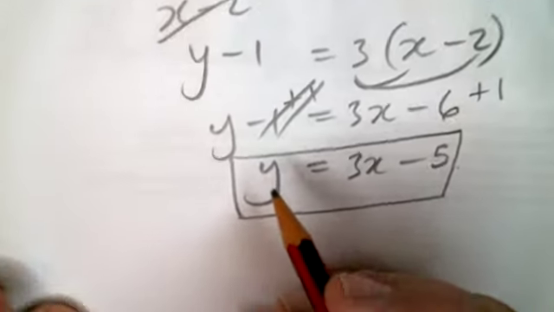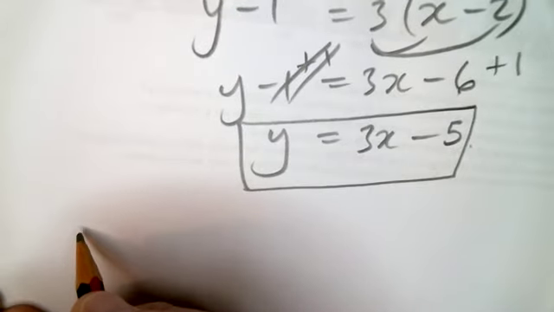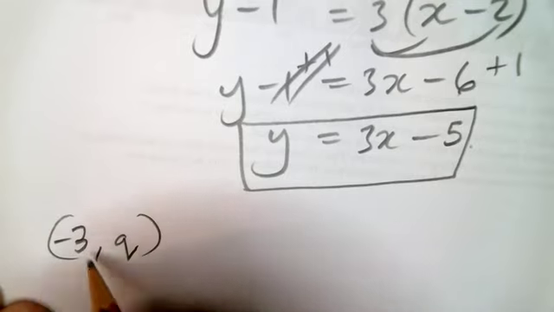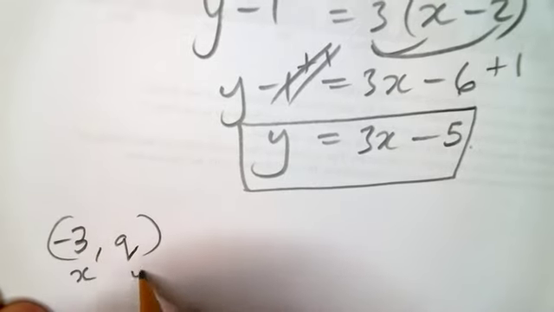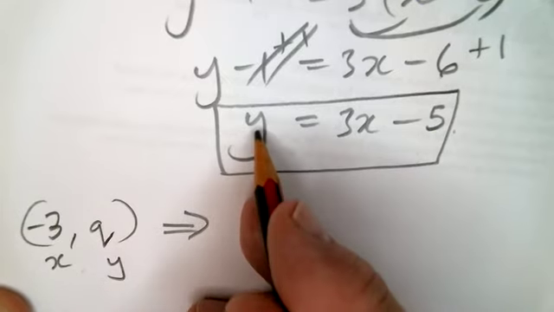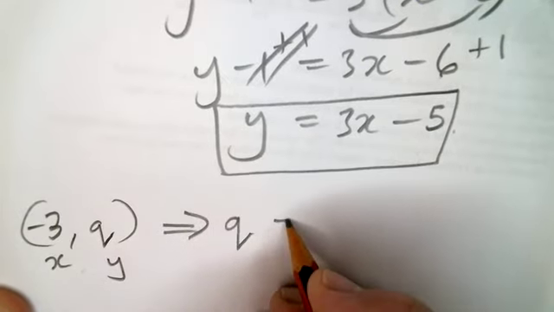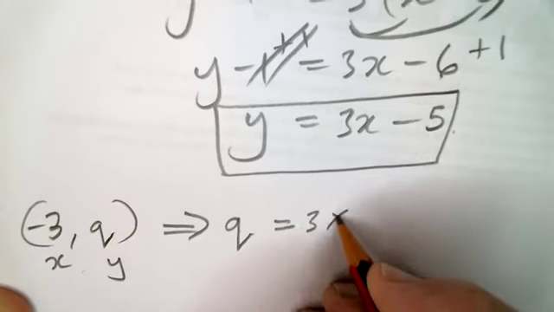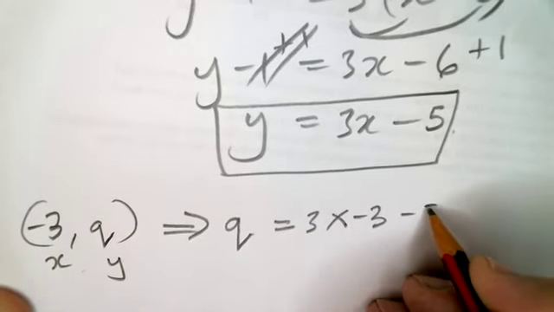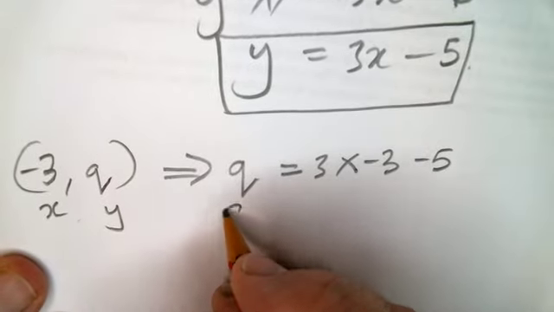So let's write these in. I know that I've got my point (-3, q). So there's my x value, and there's my y value. Let's substitute those in. This implies that y, which is q, is equal to 3 times x, which is -3, minus 5. Let's see where we land.